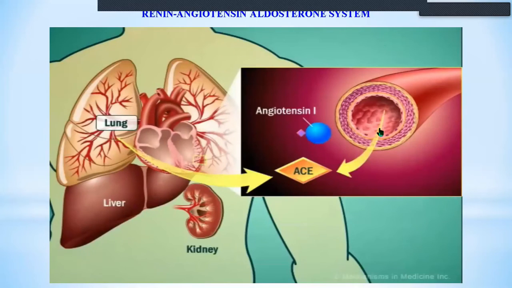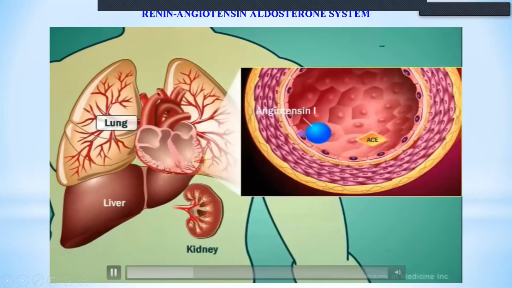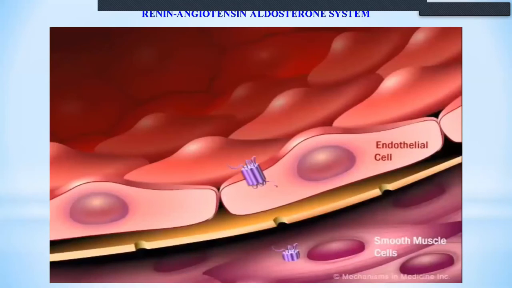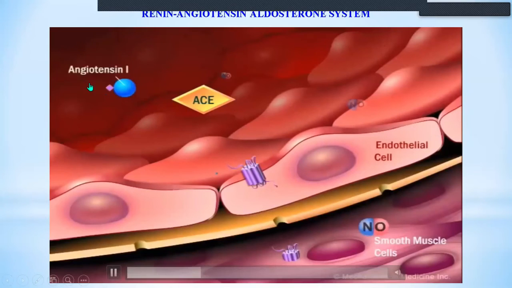The vascular endothelial cells also produce ACE, which enters the blood and acts on the endothelial cells, especially angiotensin 1 and ACE. In the presence of ACE, angiotensin 1 is converted to angiotensin 2.